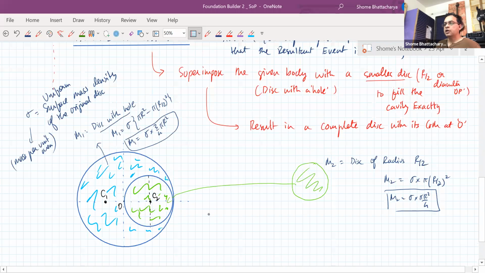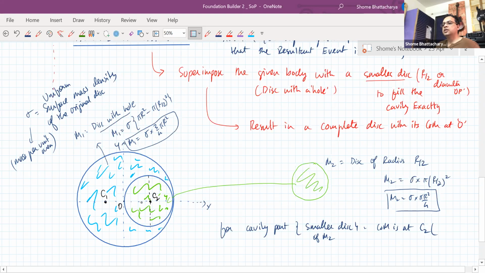Okay. So now we can see that when I place this over here, now remember this is my x-axis. This is my y-axis. So for the cavity part, that is the smaller disk of mass M2, the center of mass is at a position, let's say C2. Now what is the position?